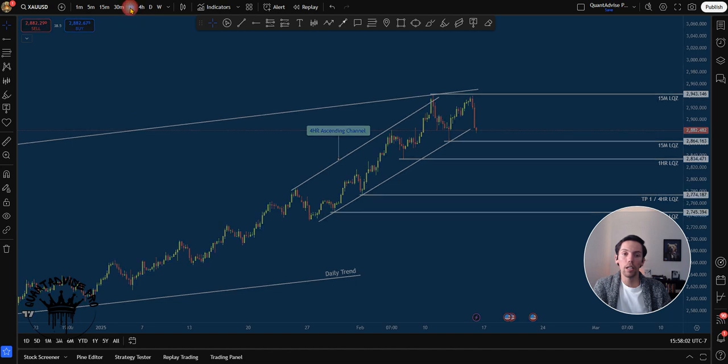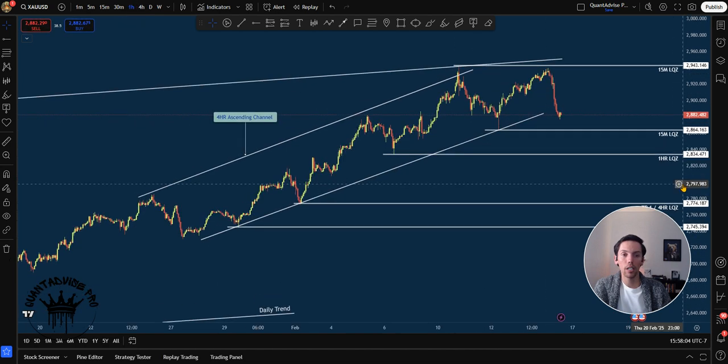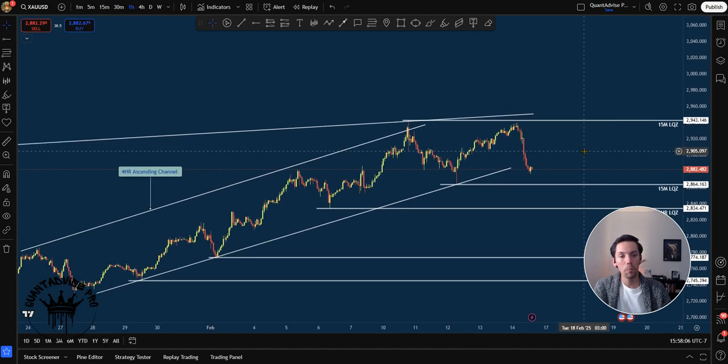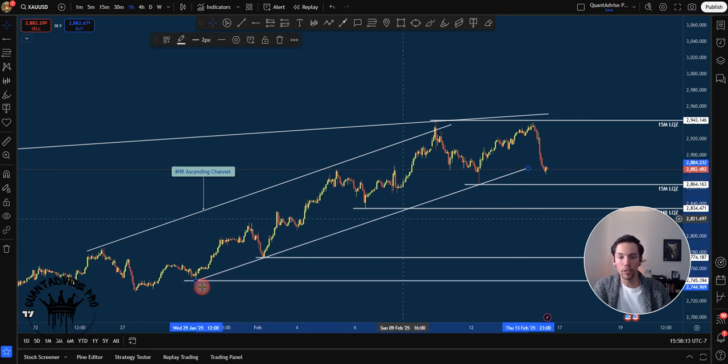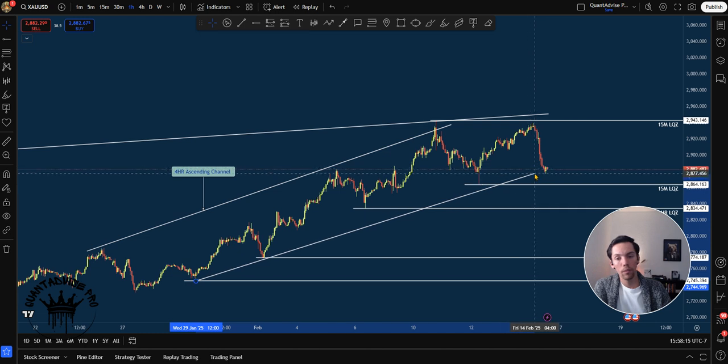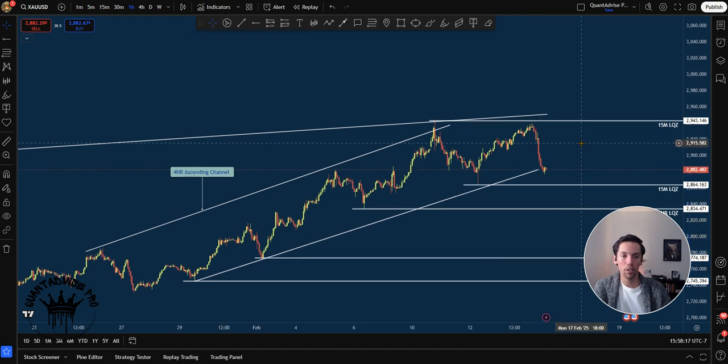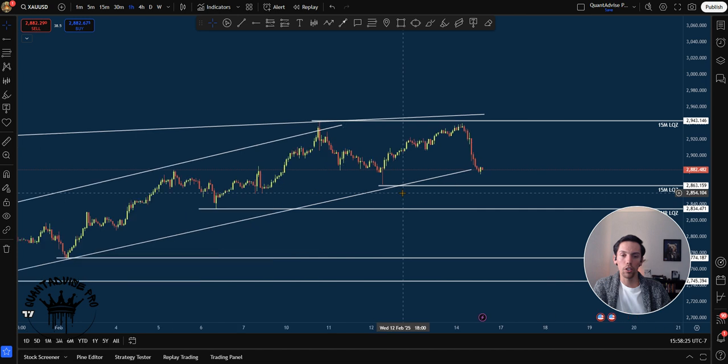Okay, so let's go ahead. We're going to drop down into our 1 hour time frame now, and I'm really liking how price has kind of been moving here, like so. Or just at the bottom of this. That's a good liquidity zone there.